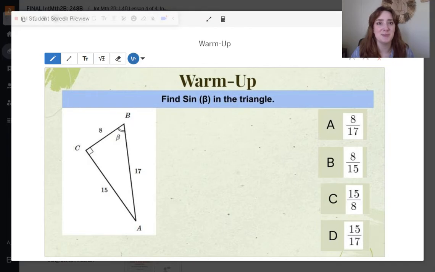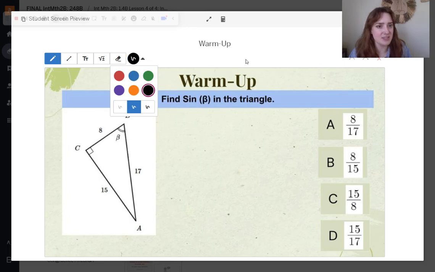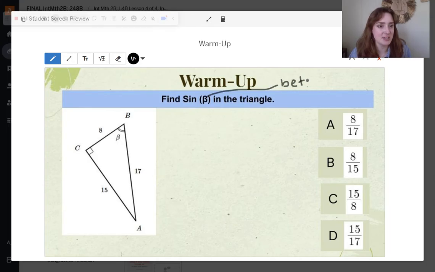Okay, assuming you have paused the video and you have your work, you're ready to check, we'll go over it. It's saying find the sine of, and this is a new symbol. I don't think we've seen this yet. This is just called beta, like a beta fish.